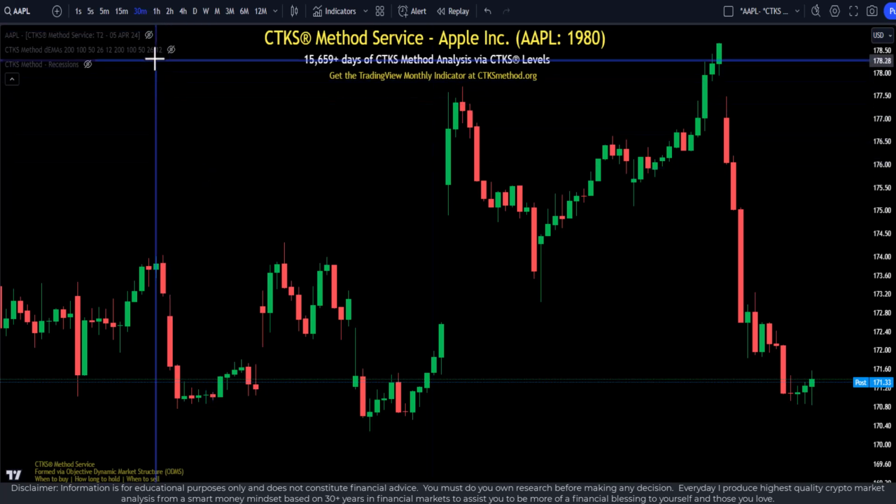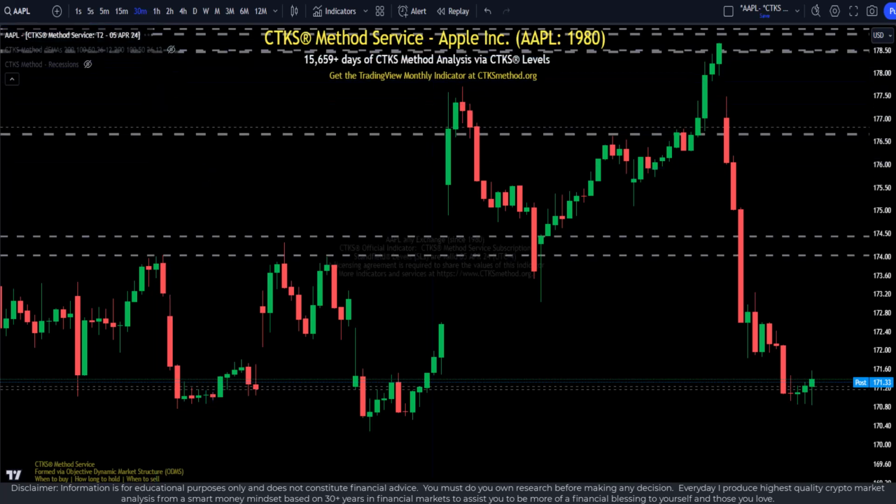Apple has been trading for in excess of 15,500 days. That means it has a lot of structure inside it. You can see that there was so much structural resistance up here when the Fed decided to keep rates as they are. The market responded incredibly well, and Apple came into really steep structural overhead resistance at that 178.50 mark and above.